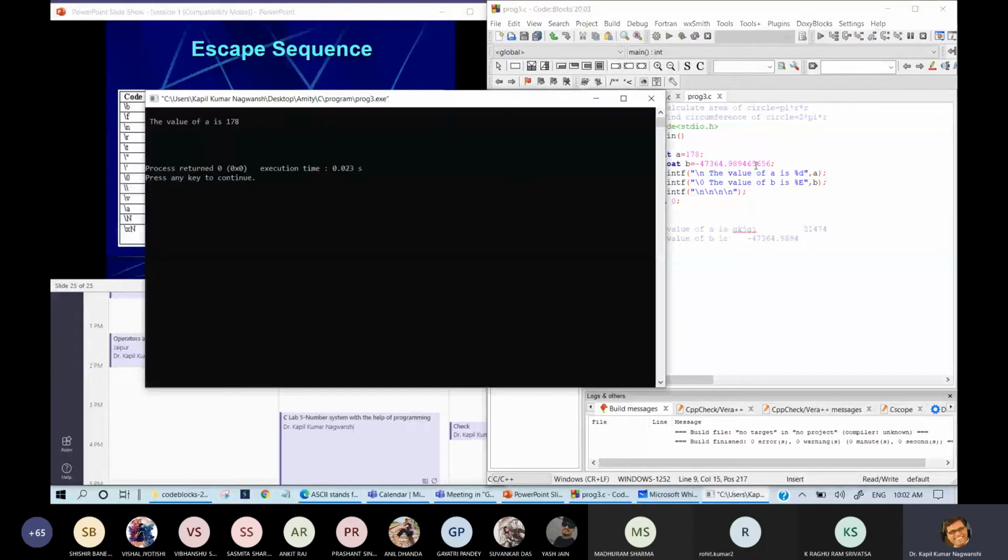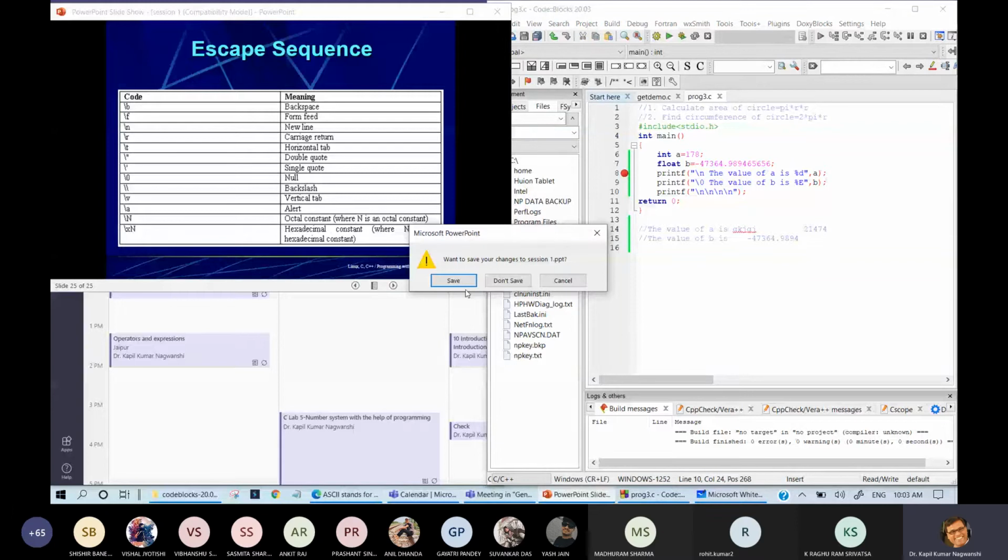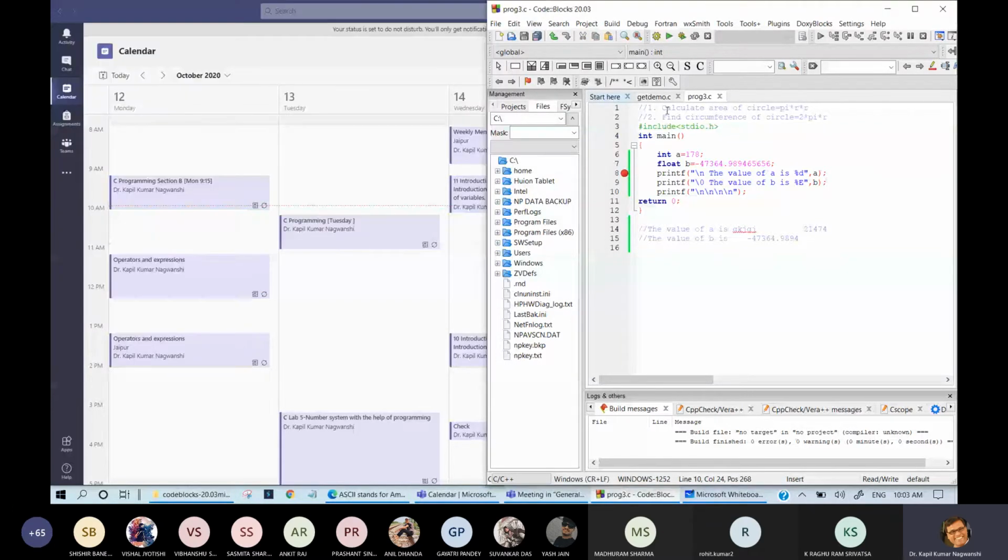Here you can see that the first one is coming, but the second line is not coming. Okay, so these are the uses of special symbols, and whatever remaining is there will come in the programming session next. So with this, we finish these special characters. Now you can ask any question up to this point.